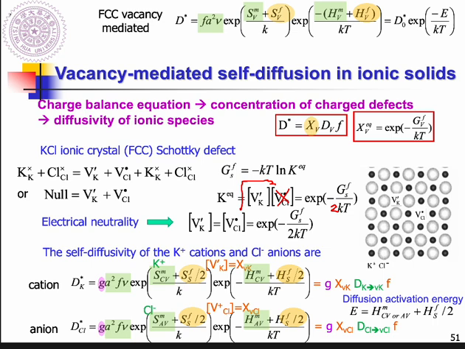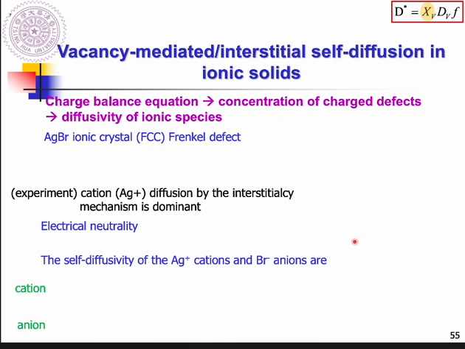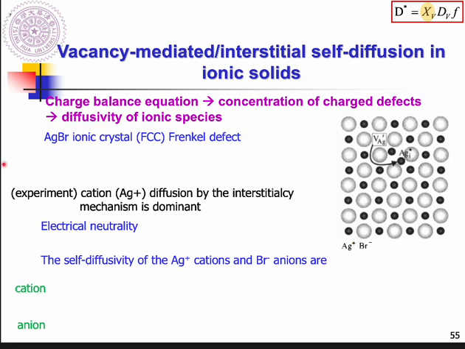And next, I'm going to jump directly to the Frenkel defect. As we mentioned, the Frenkel defect is in silver bromide. Based on experimental results or observation, or literature, you need to know which one, silver or bromide, is easier to move to the self-interstitial site.